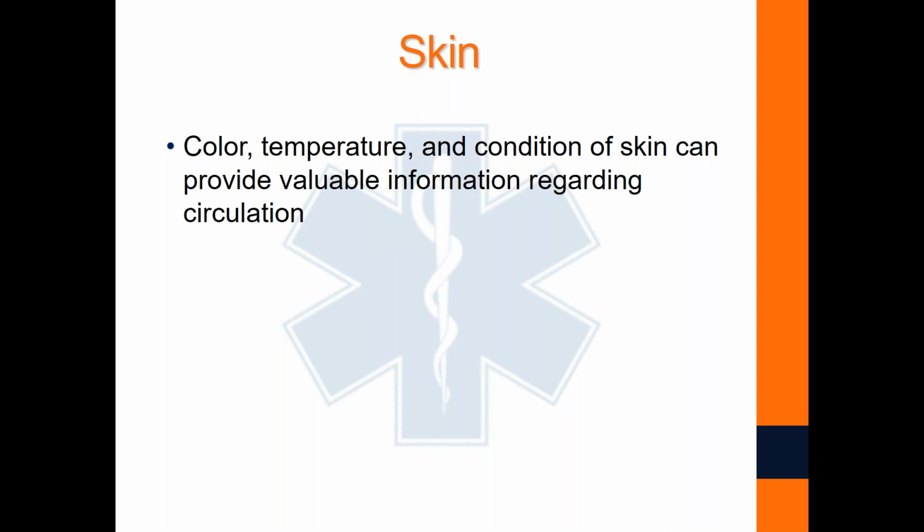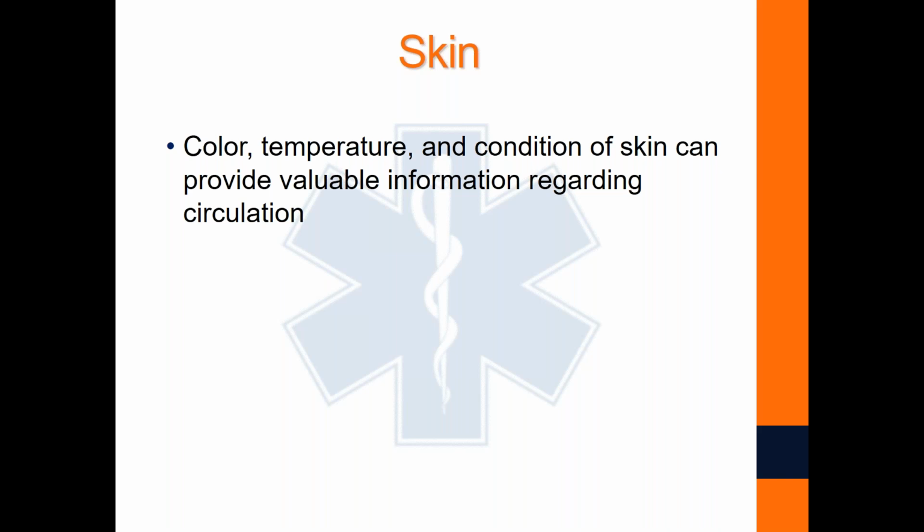As a general rule, we want to see people pink, warm, and dry. That is the perfect skin finding. Now, when we talk pink, warm, and dry, we're talking mucosal membranes, general skin feel, and people shouldn't be hot or cold. When you touch a patient, it should feel like next to nothing.